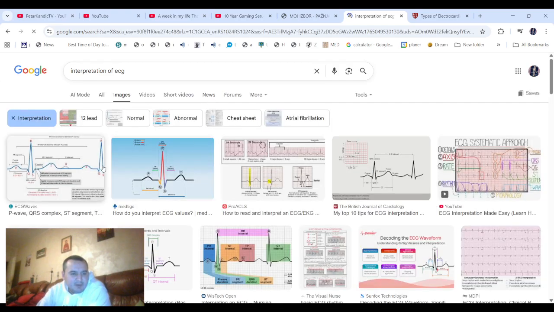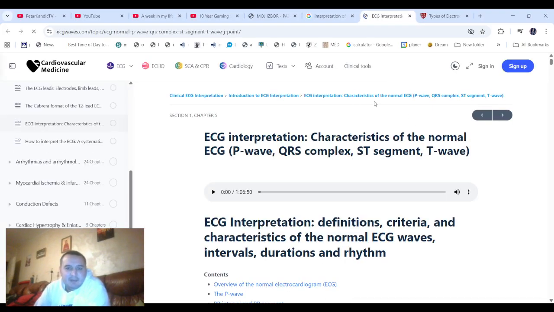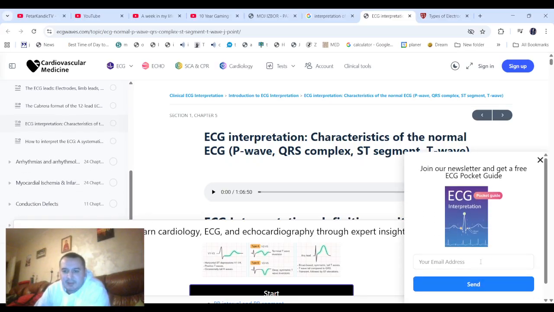Here we can see on the images, this is ecgwaves.com, which is a whole website dedicated to studying the EKG.